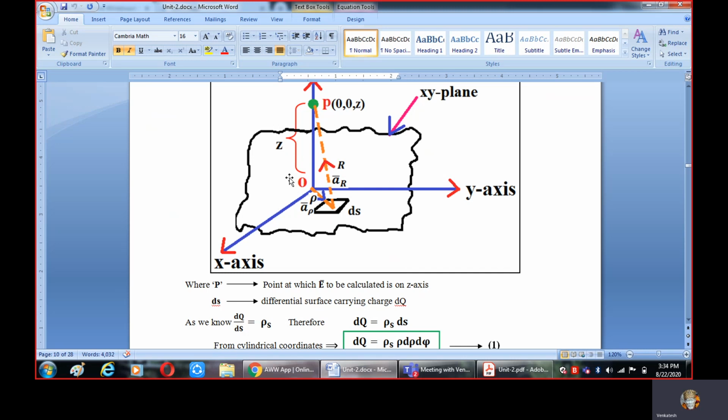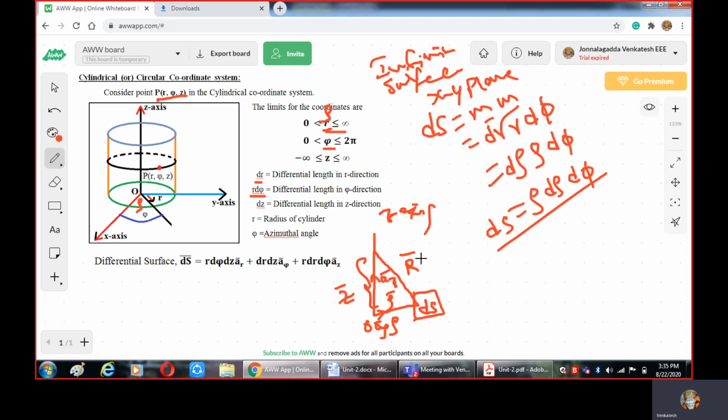That is, R bar is equal to z bar minus rho bar. So R bar is equal to z bar minus rho bar.